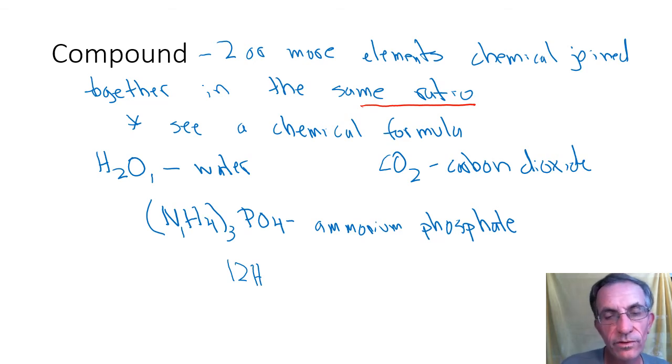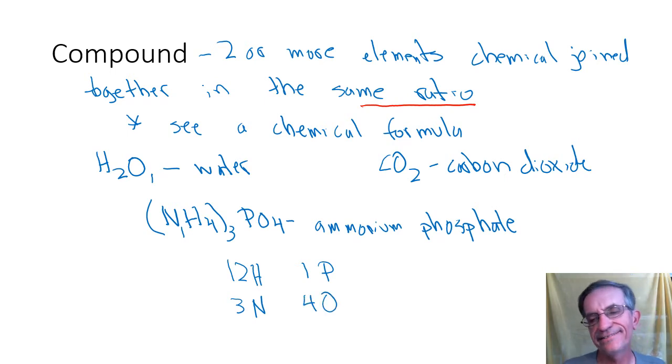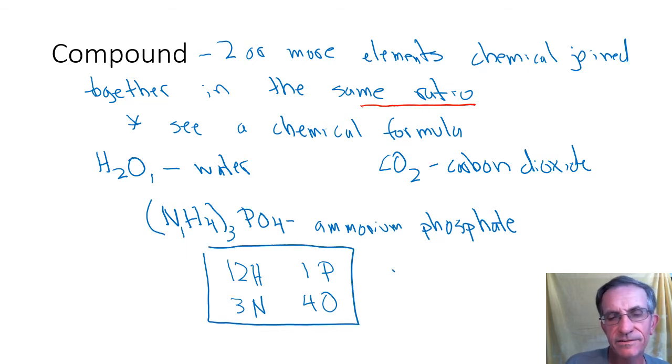There would be 3 nitrogens. Now, that 3 only applies to the parentheses. So there's 1 phosphorus. And then the 4 goes with the oxygen, 4 oxygens. So if you add it all together, this thing's actually pretty big. I didn't want to build it because it would take me forever. It actually is made up of a total of 20 atoms. 20 atoms total. All right.